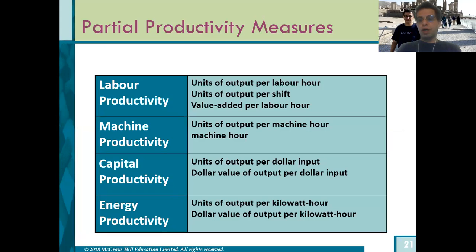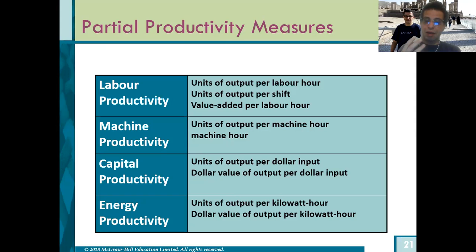So when you talk about labor productivity, you talk about units of output per labor hour, units of output per shift, value added per labor hour. When you talk about machinery productivity, you talk about units of output per machine hour.